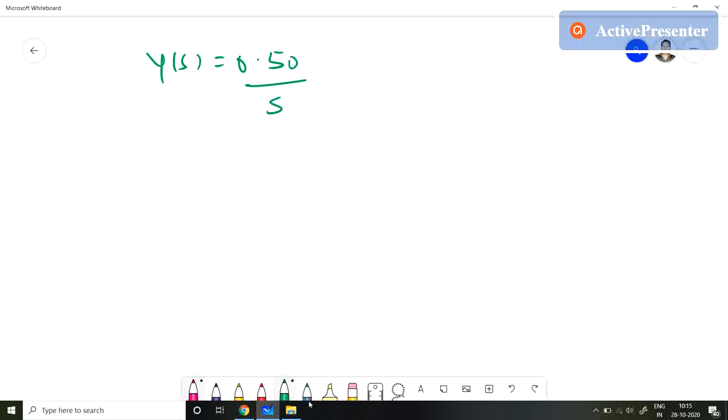So this is Y2(s). Now Y(s) is written as 0.5 divided by s minus 0.5 divided by s plus 2 plus e raised to the power minus 6s divided by s.